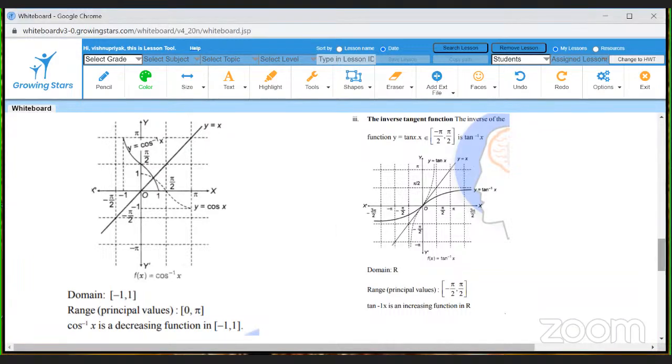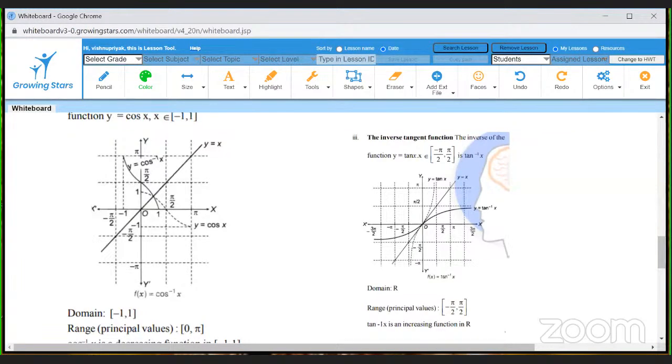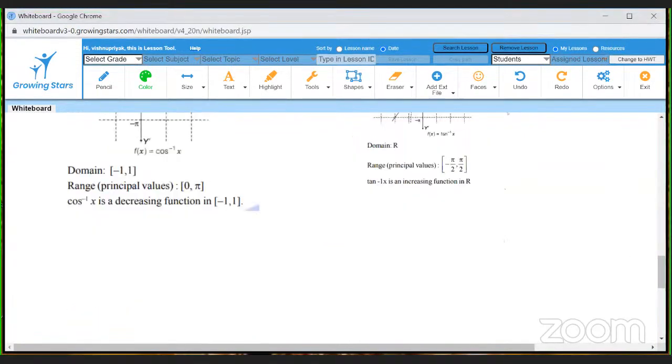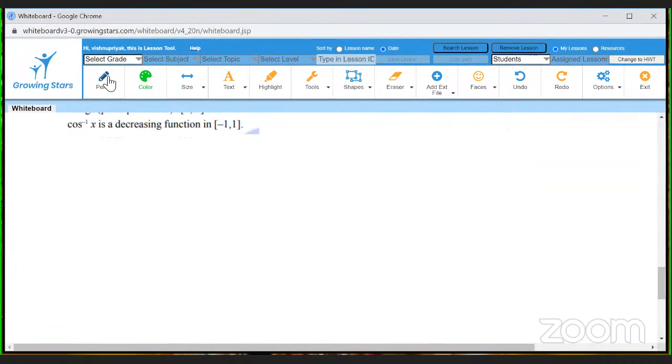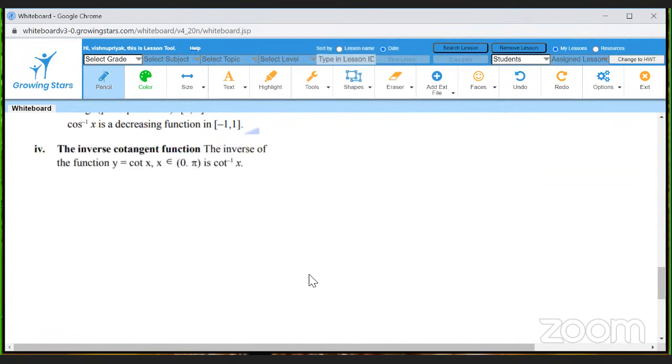So I have given you tan inverse now. Next, we will go to cot inverse. Down, I am pasting for cot inverse. All the 6 I will give you.